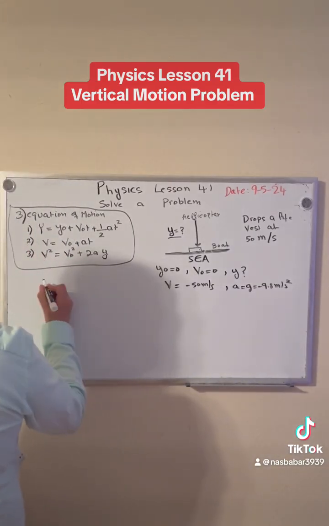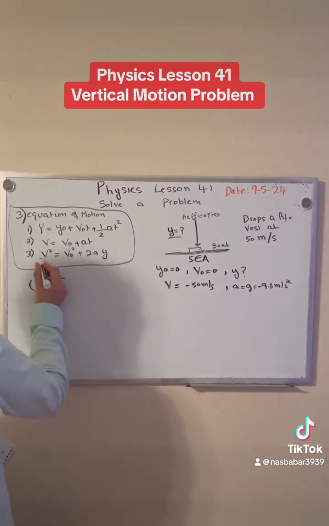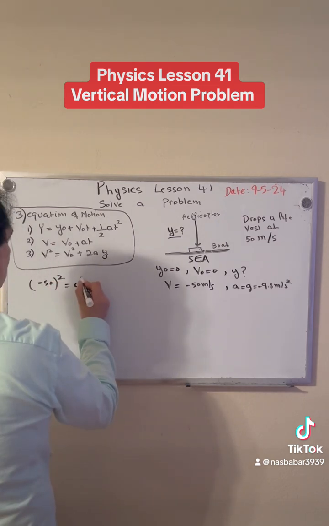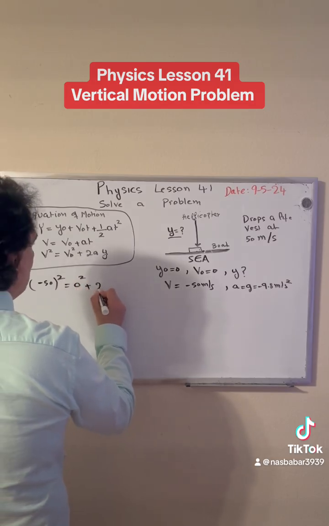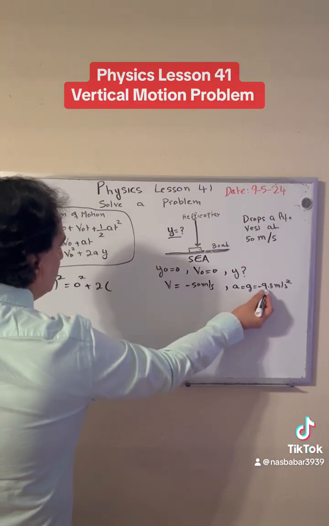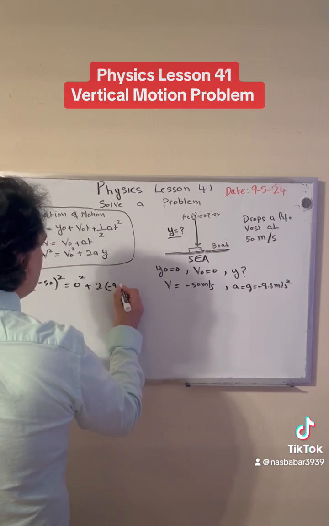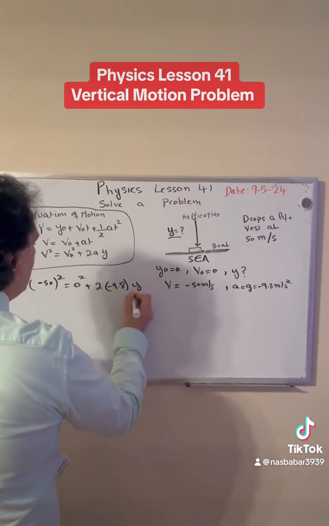Equation number three: minus 50 squared is equal to 0 squared plus 2 times a, which is g, minus 9.8, times y, which is what we need to find.